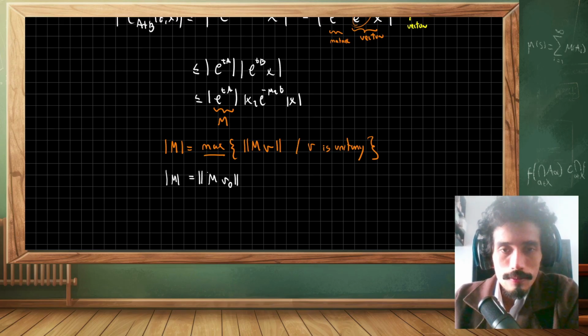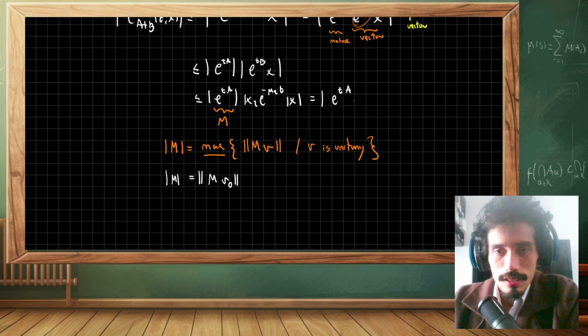This is by definition. And then we can say that this is equal to, to make things even, let's just write it like this, times this v.